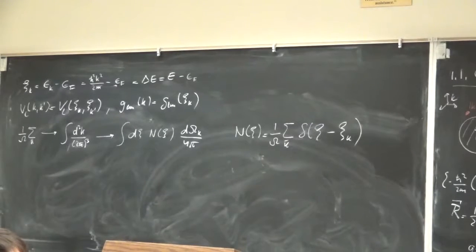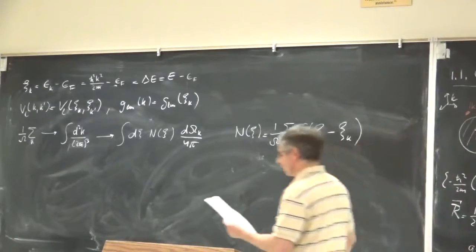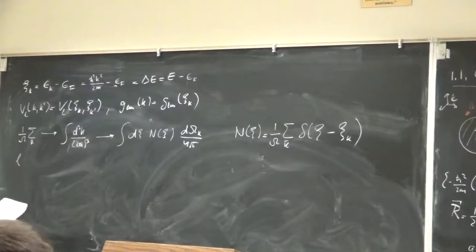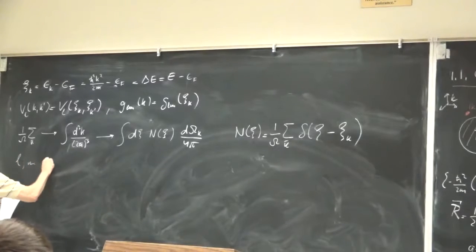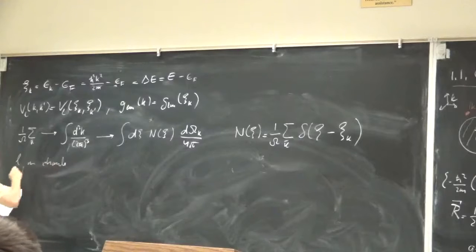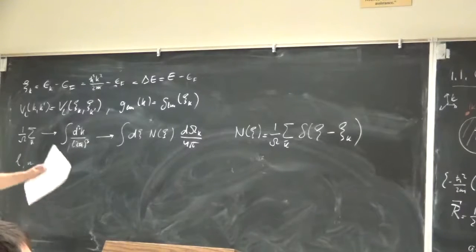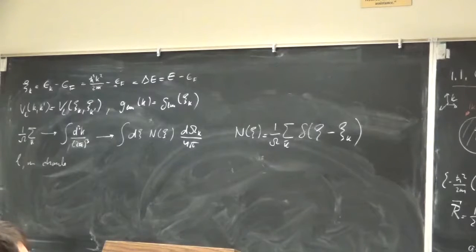So if I use this, I can show that I can restrict myself now to a single L and M channel, because all different states of the representation are degenerate.